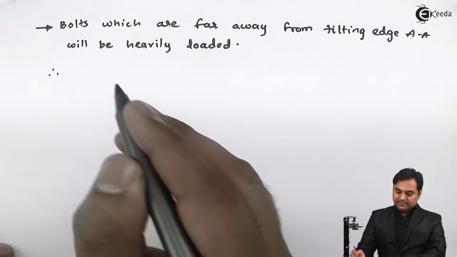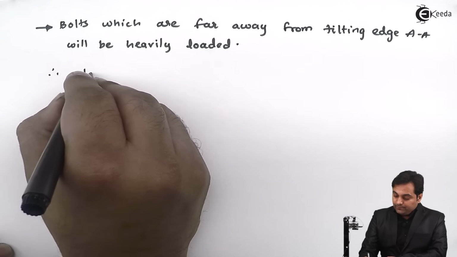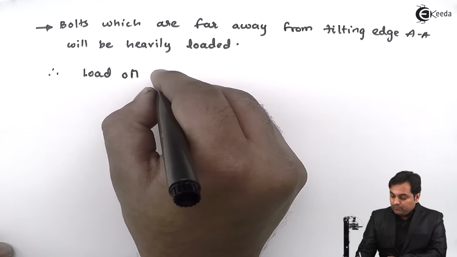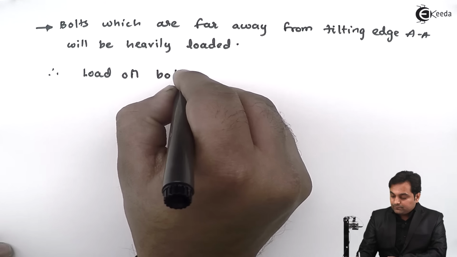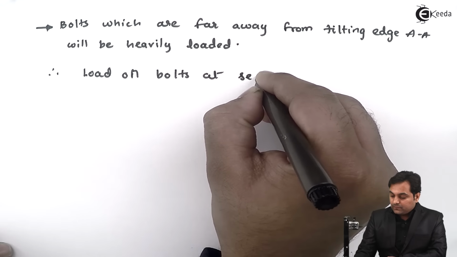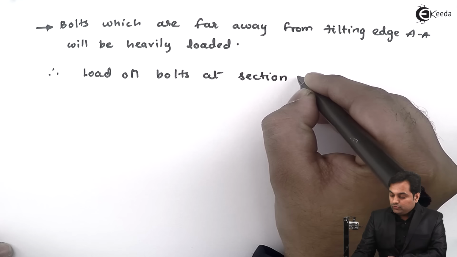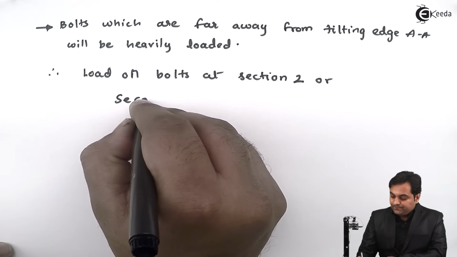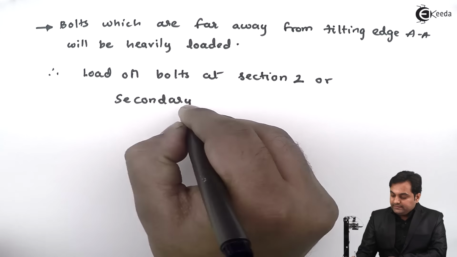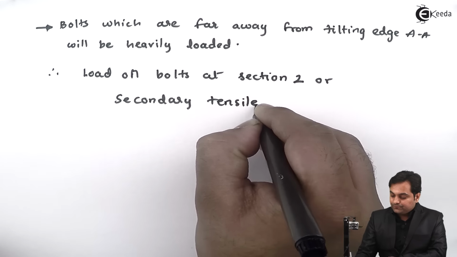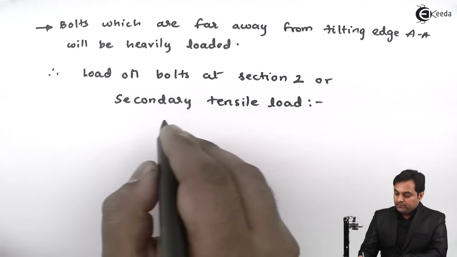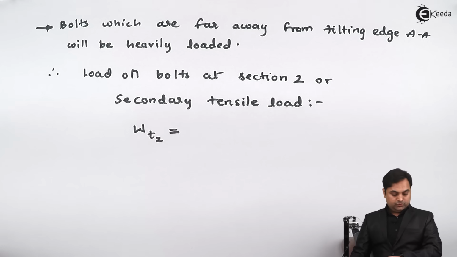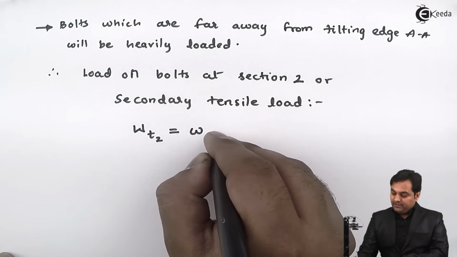So hence I can say that therefore load on bolts at section 2, or we can say secondary tensile load denoted by W suffix T2, will be equal to small w multiplied by L2.